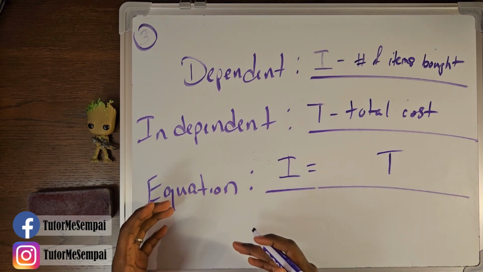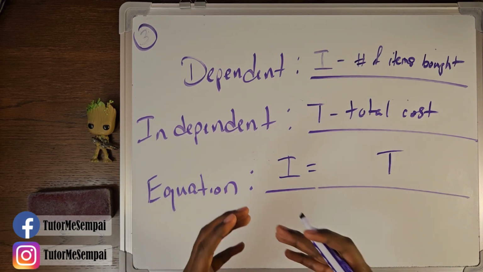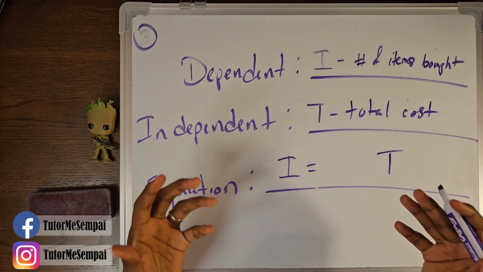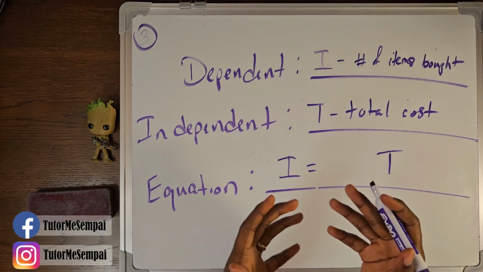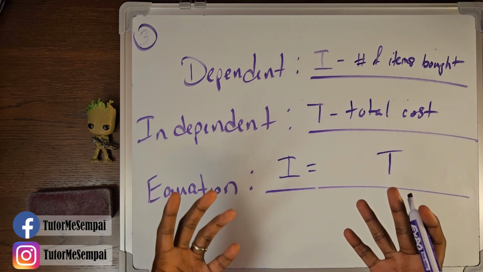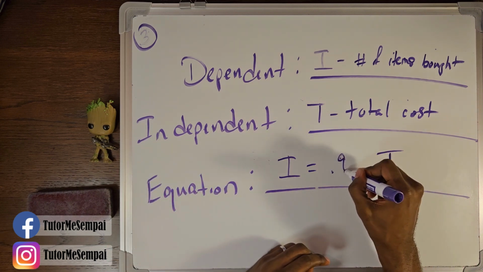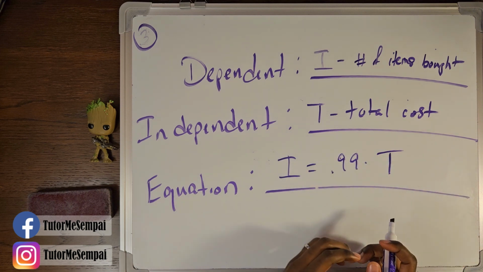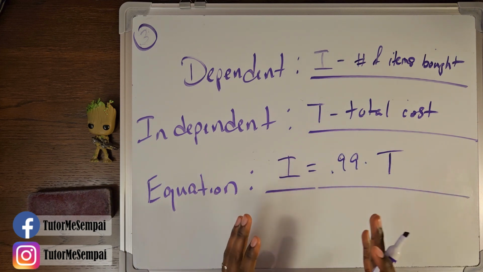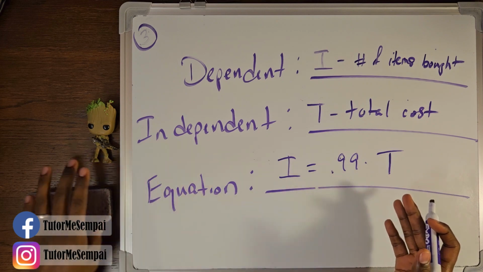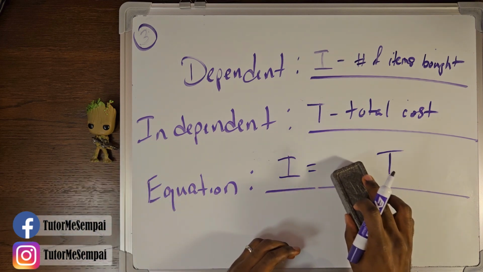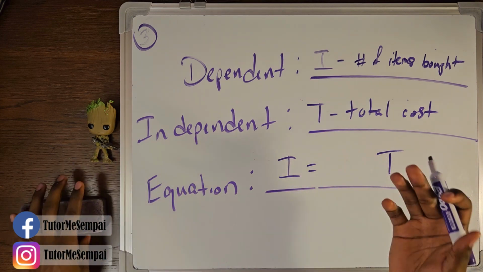Remember what we're trying to do. We're trying to find out how much we can buy, how many different items we can buy. We know each item in the store costs 99 cents. So does it make sense to do 0.99 times T again? No, it doesn't make sense to do that because we're not going to be multiplying our money by how much each thing costs.